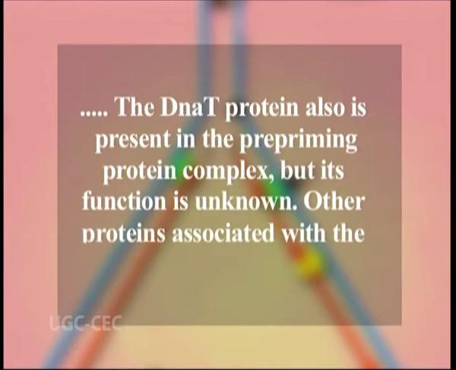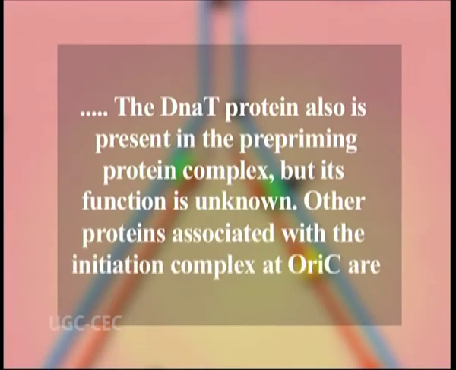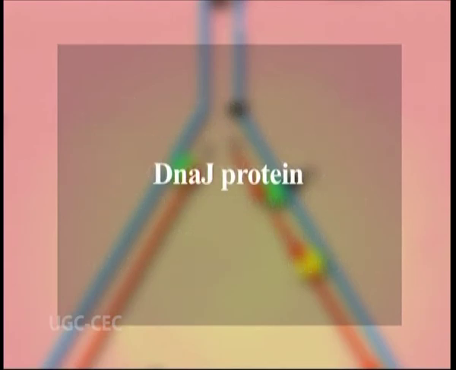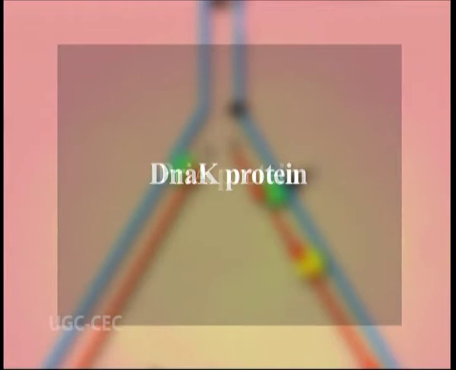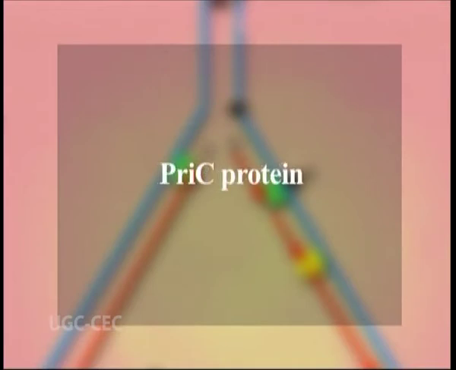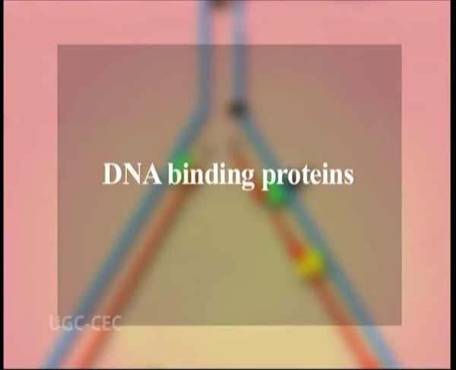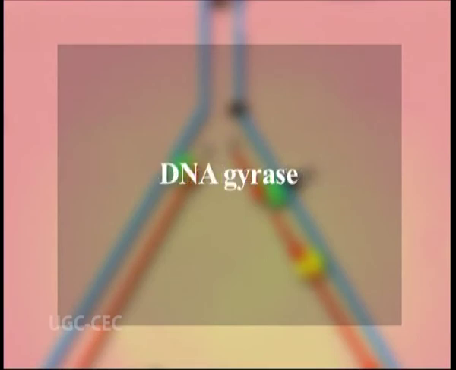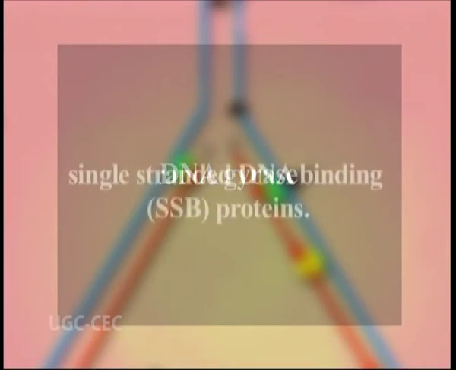Other proteins associated with the initiation complex at oriC are DnaJ protein, DnaK protein, PriA protein, PriB protein, PriC protein, DNA binding proteins, DNA gyrase and single-stranded DNA binding proteins.